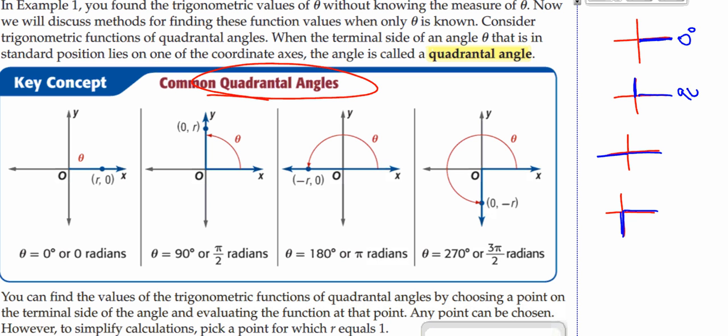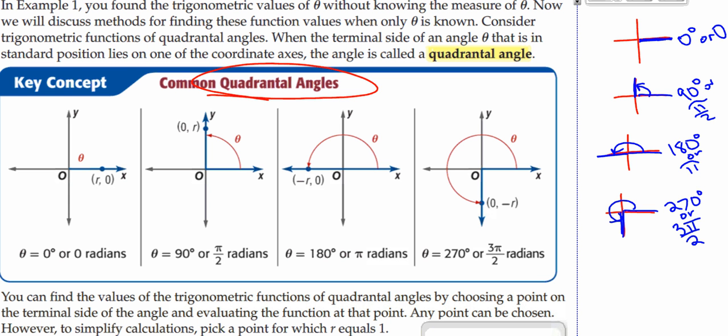This is 90 degrees, or pi over 2. This is 180 degrees, or pi. And this one is 270 degrees, or 3 pi over 2, 1.5 pi.